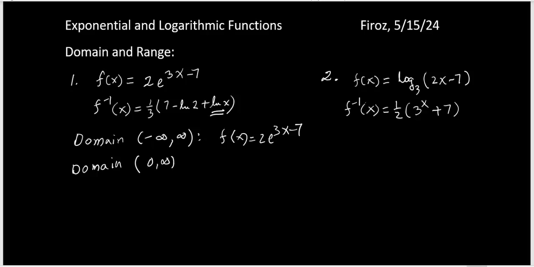As you see here, the restriction would be on natural log of x. So natural log of x will be defined when x is greater than 0. Okay, so this is my domain for f inverse of x equals 1/3 times (7 minus natural log of 2 plus natural log of x).